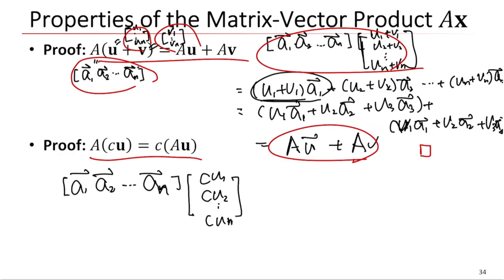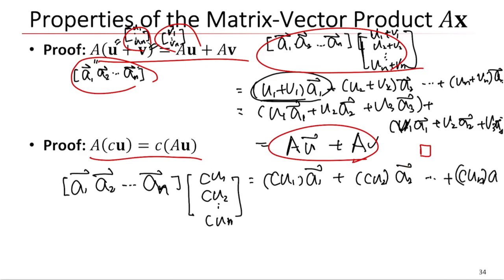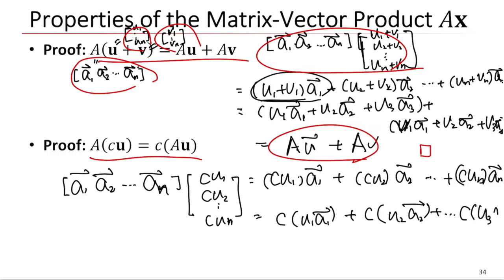Then cu1 times the vector a1, cu2 times a2, through cun times the vector an. Then cu1 a1, cu2 a2, cu3 a3, something like this.